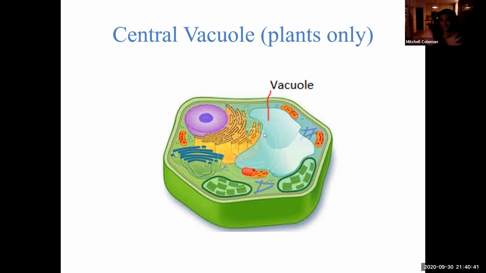The pressure that keeps plant cells nice and plump and full of water is there when the vacuoles are full. When the plants don't have as much water as they need, the vacuoles shrink, and plants lose their internal turgor pressure and begin to wilt. So vacuoles are another organelle type only found in plant cells.